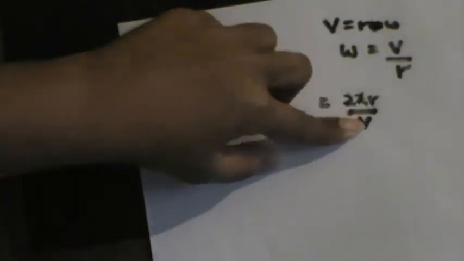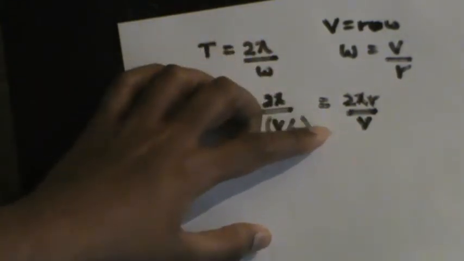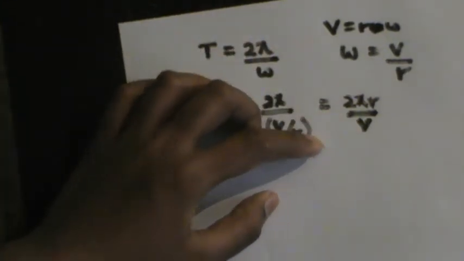So what actually happens is that we already found the value of v to be the root of GM by r, right? So I'll substitute that here. So T equals, now you know that v equals root of GM by r, so that I proved a little while ago in this same video. So I can substitute the value here.